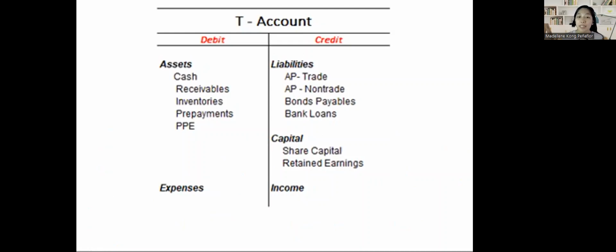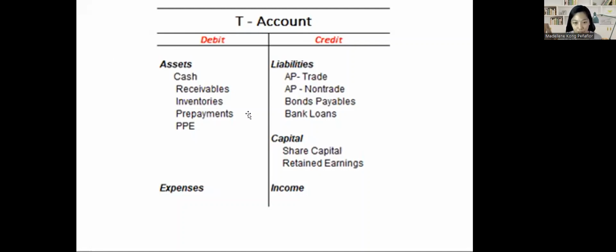To make it simple, bookkeeping is the starting point of the accounting process. So the account, as you can see on the screen, also known as the double entry system, is the technique used in bookkeeping accounting transactions. The account is the use of the debit and credit journal entries.